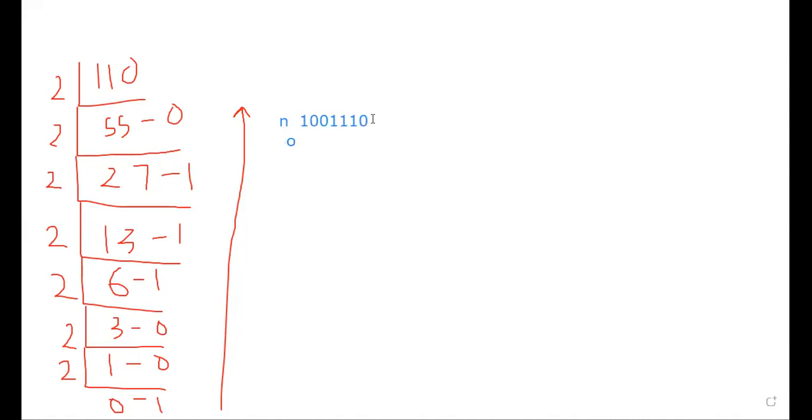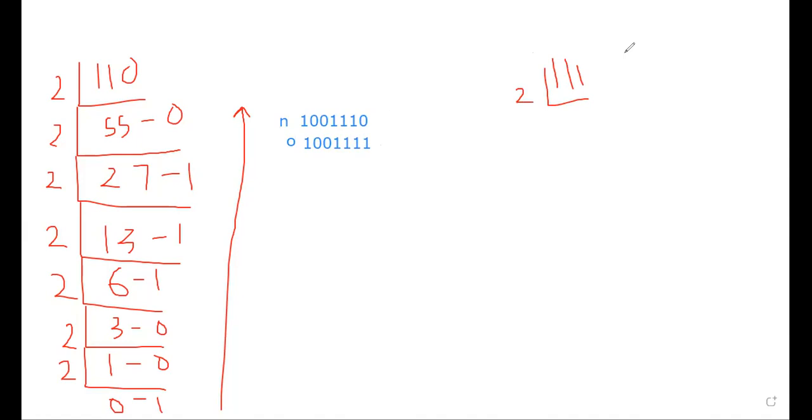So when you add 1 to this, what will you be getting? 1, 0, 0, 1, 1, 1, 1. The last bits are 1, 1, 1, so once you add 1, the last bit becomes 1. Or else you can simply perform 111 divided by 2, right?